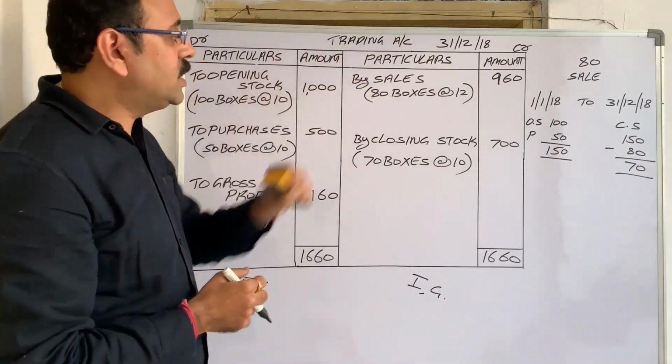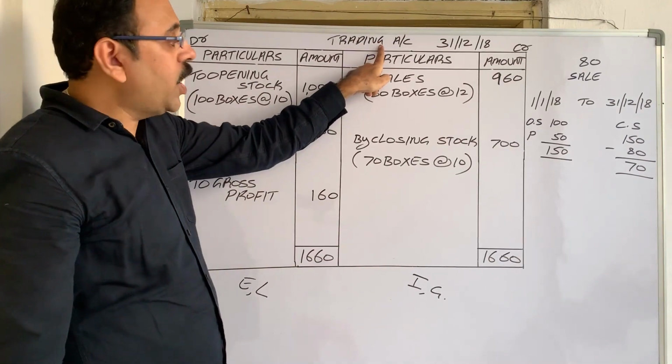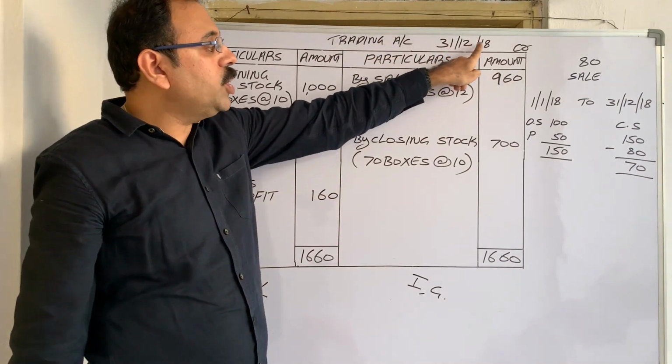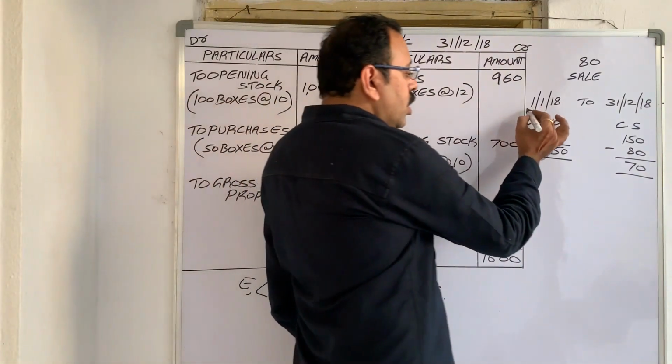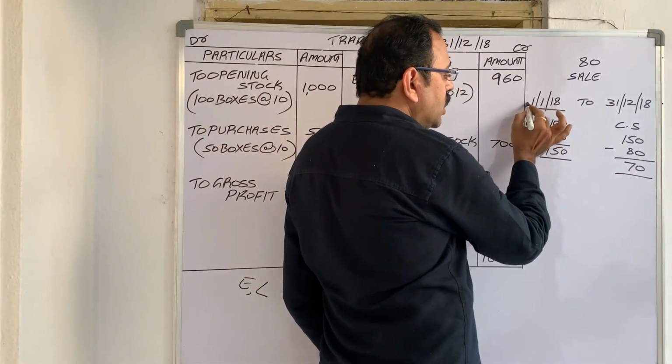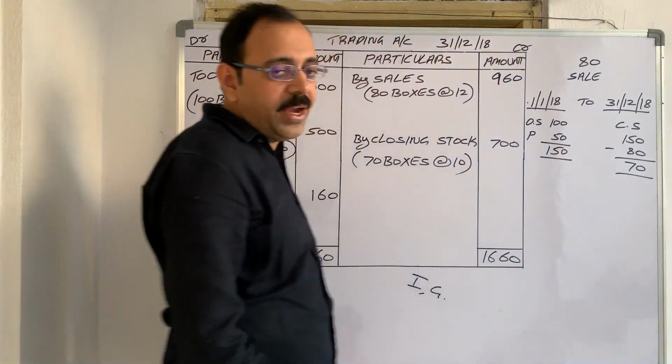So observe this example. One firm is preparing a trading account on 31st December 2018. Means their current year is a calendar year, starts from 1st January 2018, ends with 31st December 2018.